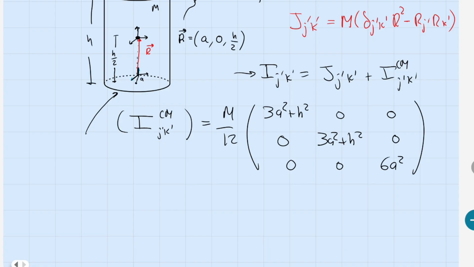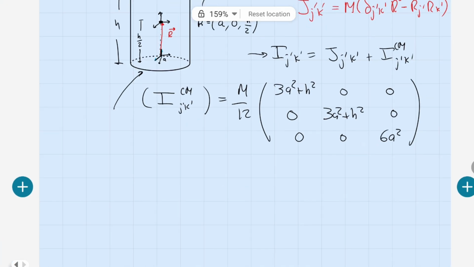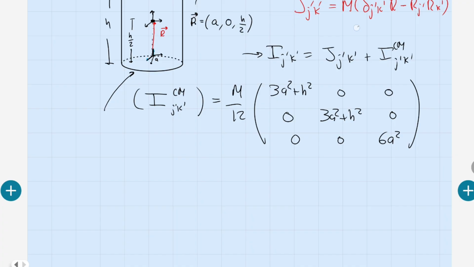This is what we showed in a video where we wanted to introduce how to calculate the inertia tensor of a rigid body, and we used the cylinder example. So we only need to calculate this quantity, the J tensor.